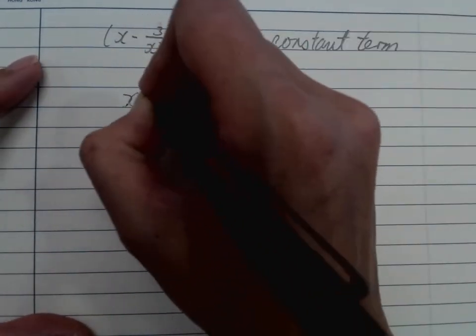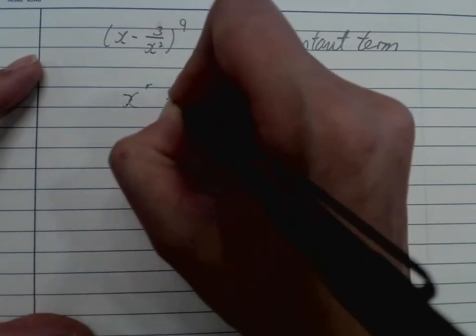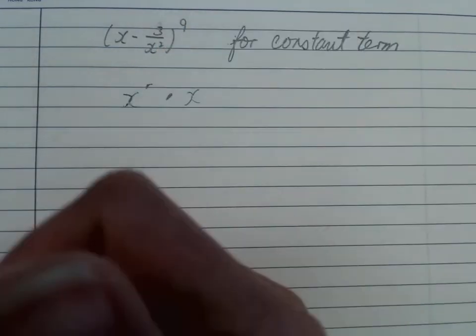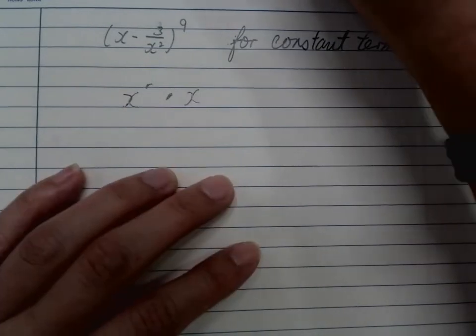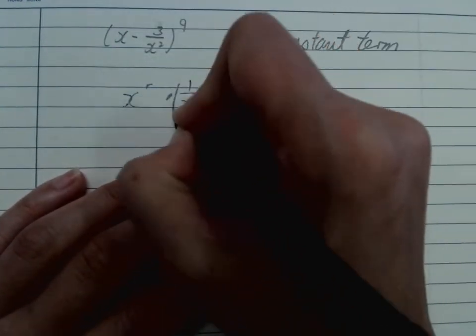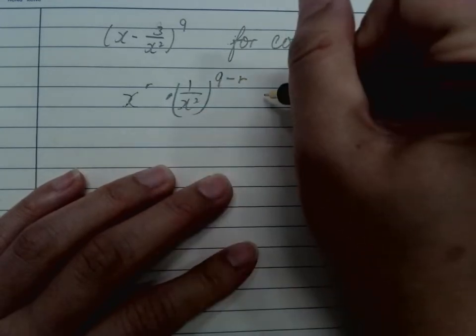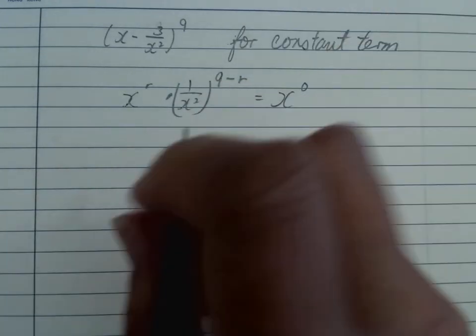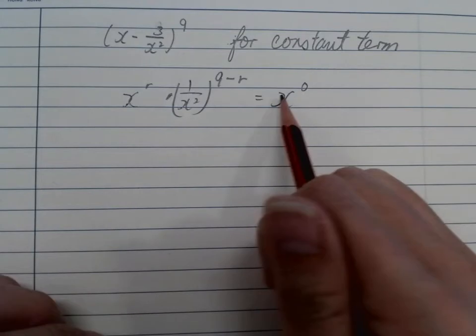So we have x to the power r times 1 over x² to the power 9 minus r. It has to be equal to x to the power 0, because that would be 1, with no unknowns.